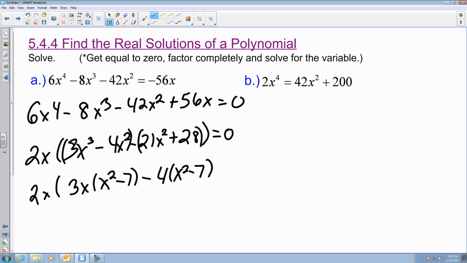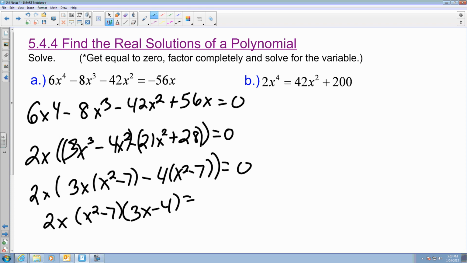Minus 7 equals 0. Now I have 2x, I have a common factor of x squared minus 7, and I can also multiply this by 3x minus 4 equals 0. So now if I use the zero product property, I find out that my x equals 0. It can also equal 4 over 3 and plus or minus the square root of 7.